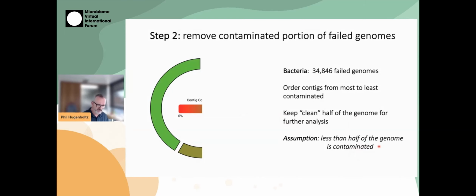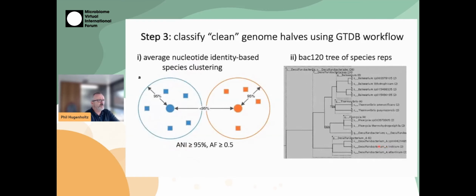Now, there could be cases where you have grossly contaminated genomes that are real Frankenstein assemblages of multiple different organisms, but we were making the assumption that the contamination should be less than half of the genome. So that's our first assumption there. Then we take those clean genome halves and we basically put them through our standard GTDB classification workflow. And so that's a two major step process.